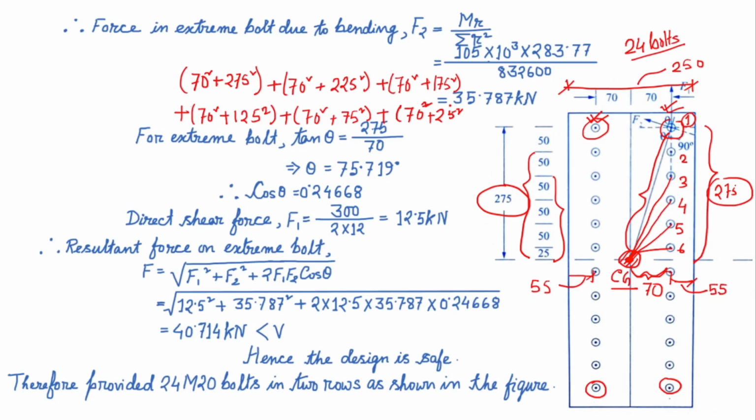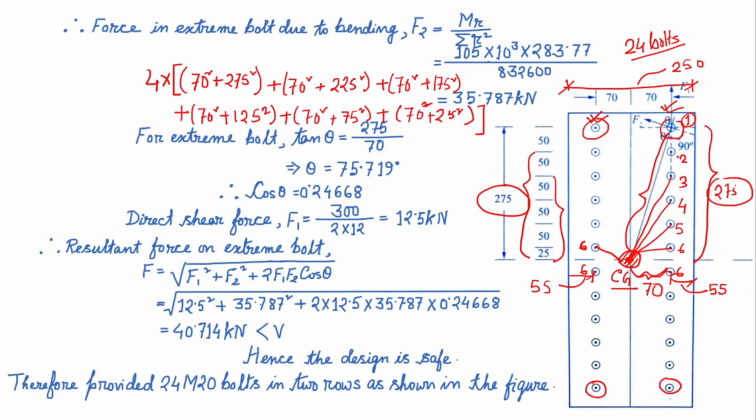Now if you notice, the distance of the number 6 bolt from the CG is the same as this bolt from the CG. Okay, similarly we can mark this as 6, similarly I can mark this as 6 and this as 6. Means by multiplying every distance with 4, we get the total distances of the 24 bolts from the CG.